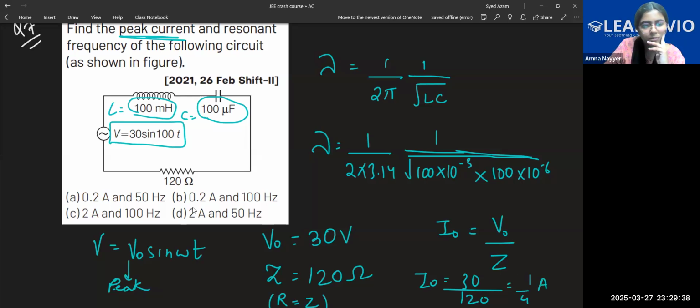So 0.2, check it, 100 or 50, whatever it is. I think it will be 100, or just check. I'll tell you the right answer. First, write it. This question is clear? How have we calculated? Yes.